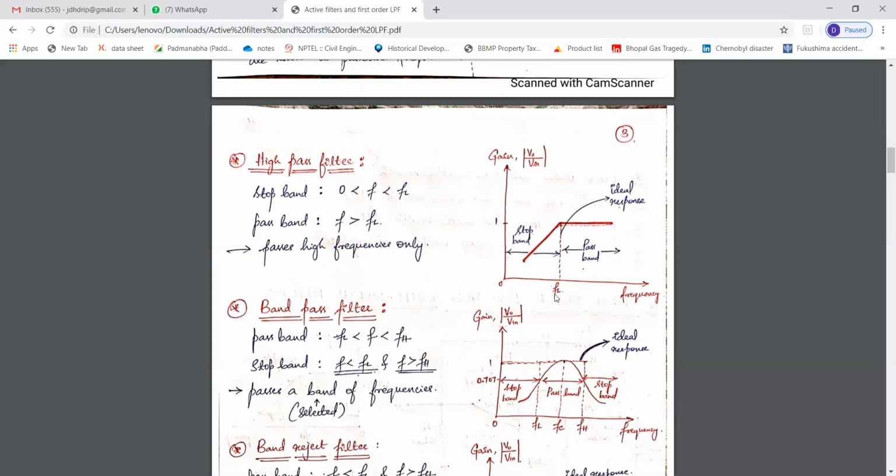The frequency range from fL onwards is referred to as the pass band, and from 0 to fL is the stop band, because the frequencies in this region are attenuated.